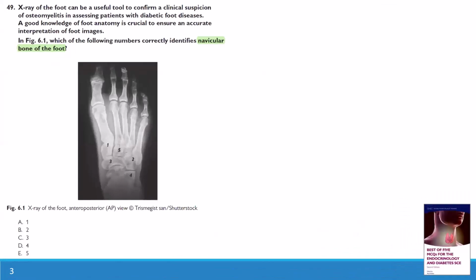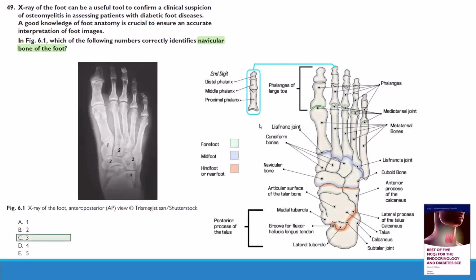And actually this question is from the Atoll book, and the question asked: which of the following numbers correctly identifies the navicular bone of the foot? Which is the navicular bone? Number 3. Yes, this is number 3. So this image shows the navicular bone.